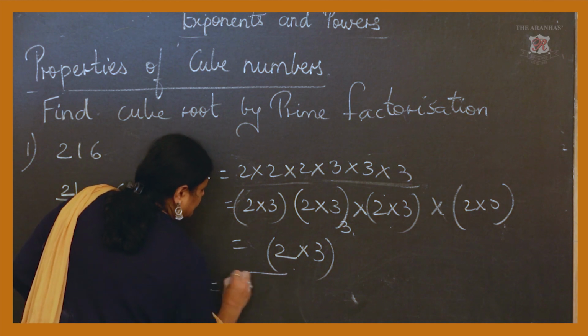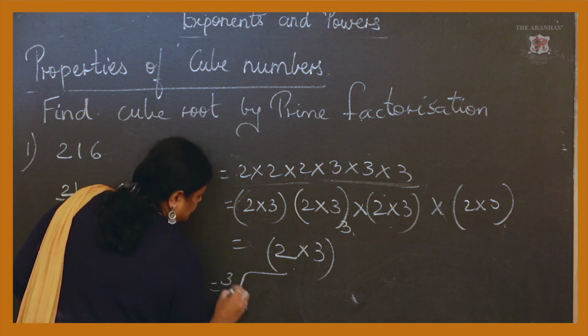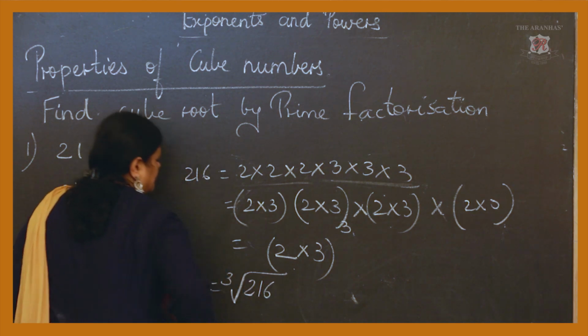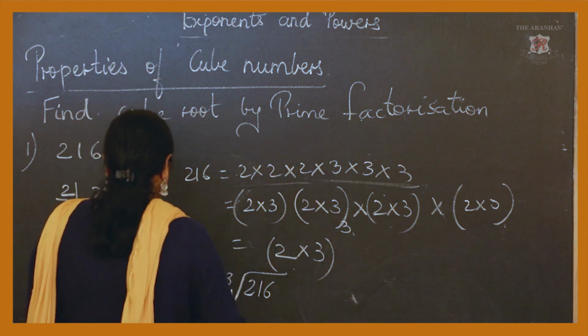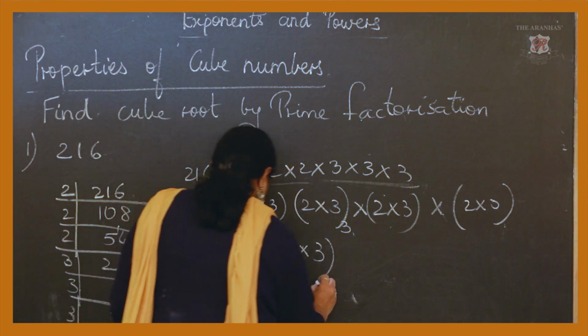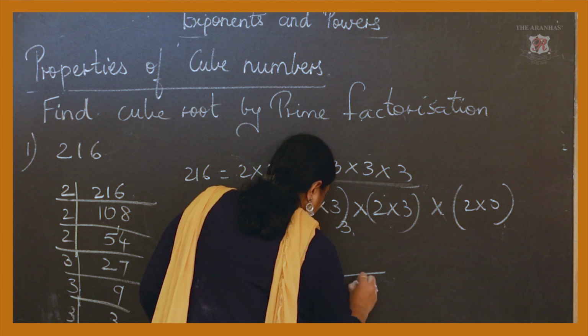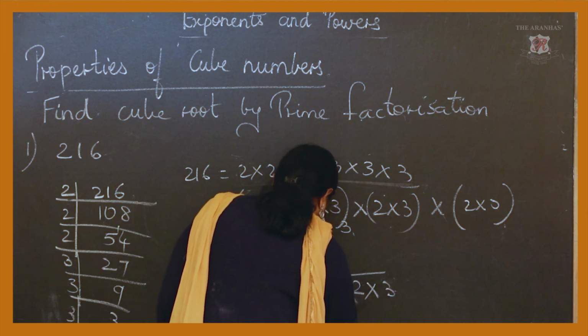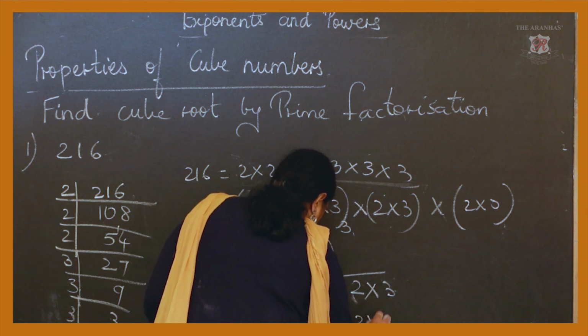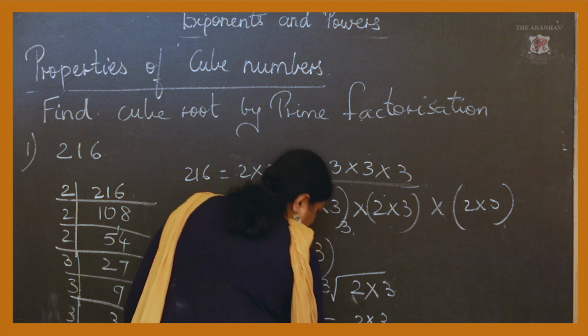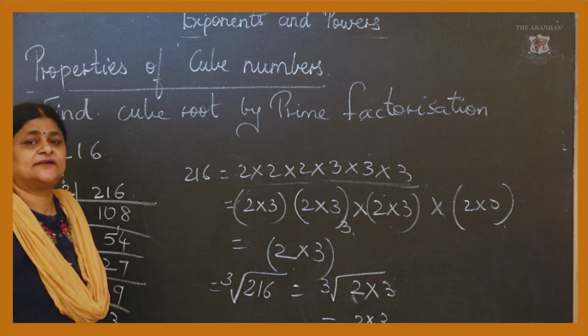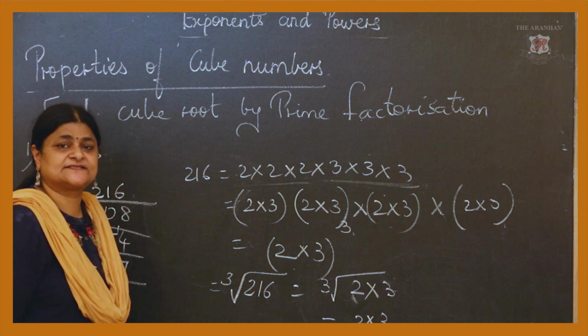Now, cube root of 216 will give you what? Cube root of (2 into 3) cubed. That is equal to 2 into 3, which will give you 6. So your answer is 6.